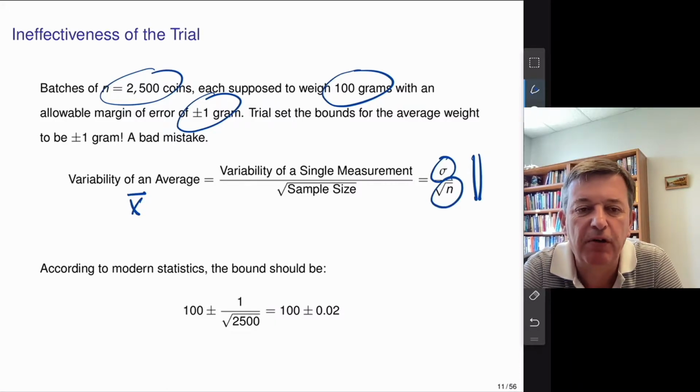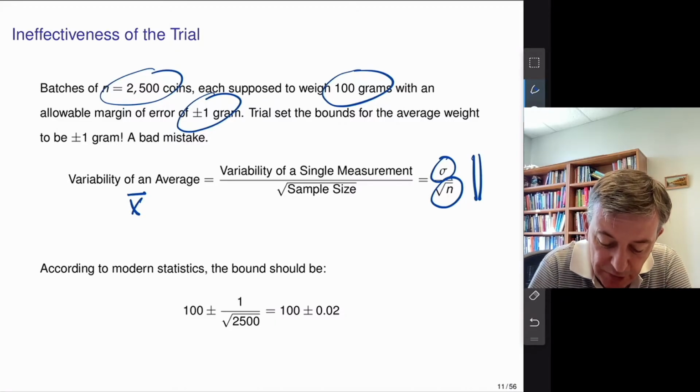Just quickly, why square root? Well, if I looked at the variance of an average, variance squares numbers, so the variance would be sigma squared over n, and if I take the square root of that, I'd get my standard deviation, or the variability of the average would be sigma upon root n.